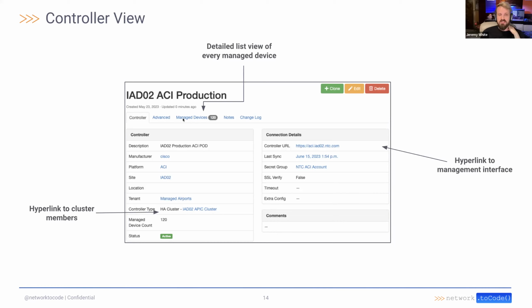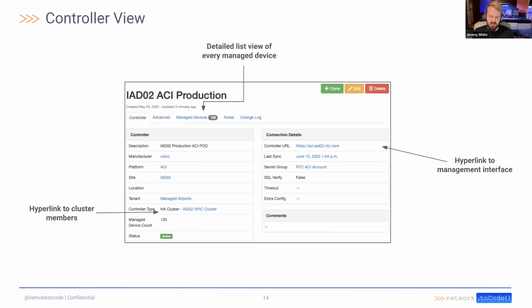We'll have a managed devices tab, which will be a list view of all the devices underneath management of this control plane. We'll then have our controller URL, which is the link directly into the control plane itself. So I could just link directly from here into the control plane to log in. We have our secrets group. This is what Nautobot can utilize to authenticate against that given control plane.